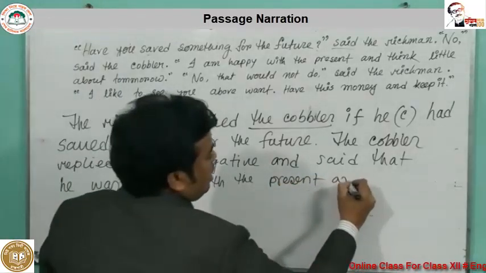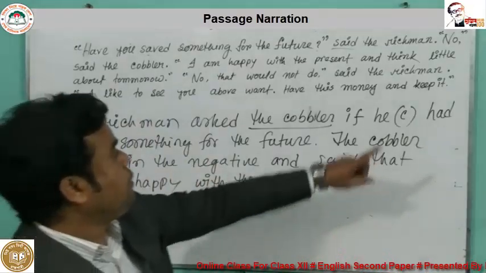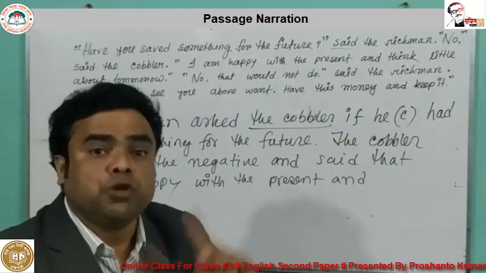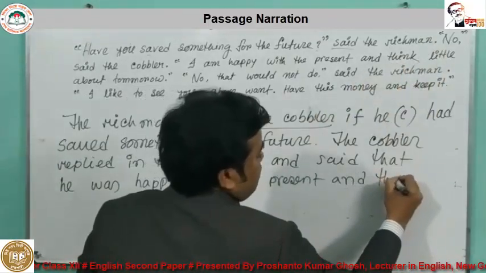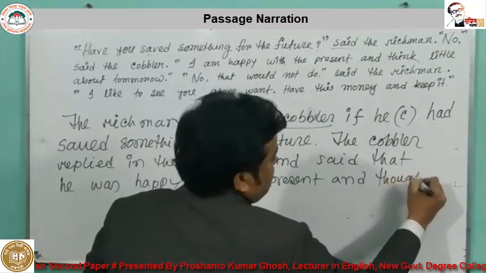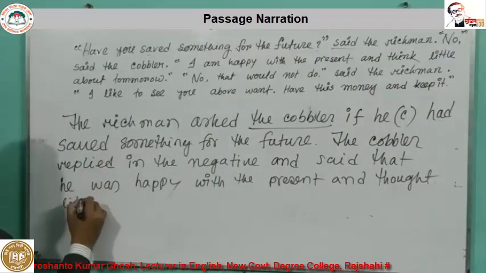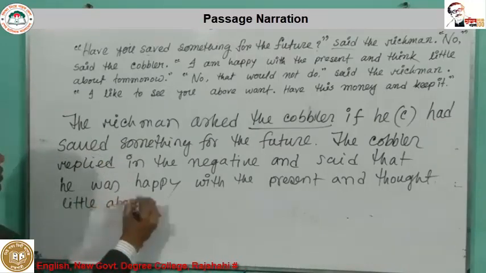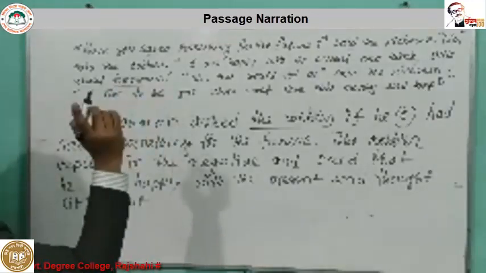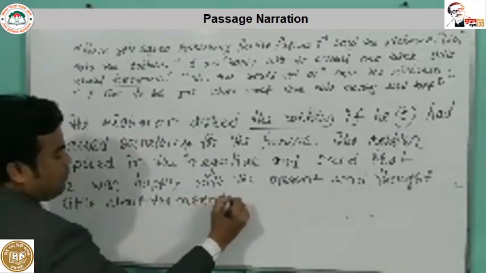And you know, dear learners, you have to change the verb beforehand and afterhand in both cases. Think will transform into thought, little about, and instead of tomorrow, you have to use the next day.